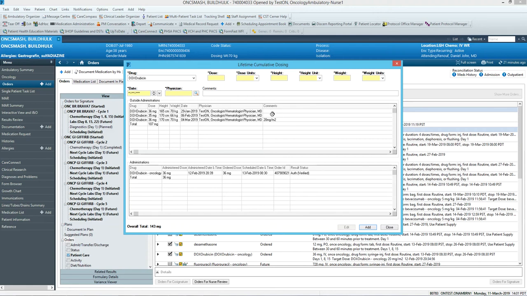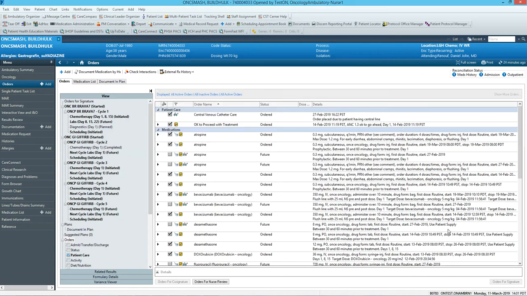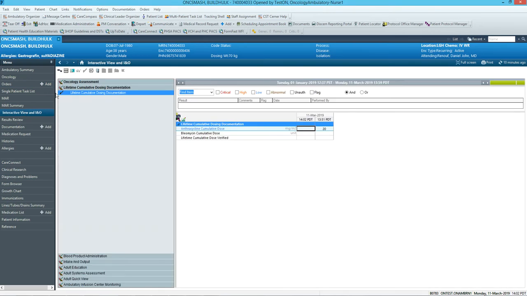Now, another function of this: does policy require the anthracycline cumulative dose calculation to be documented as well? If that is a part of policy, you would go into your interactive view and I&O and select the lifetime cumulative dosing documentation band.